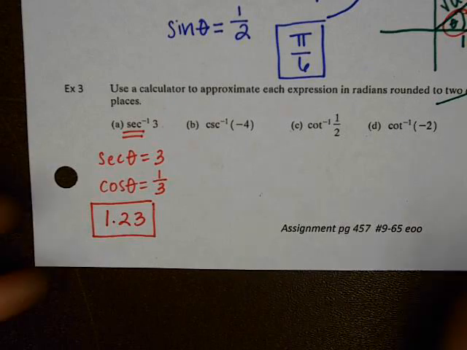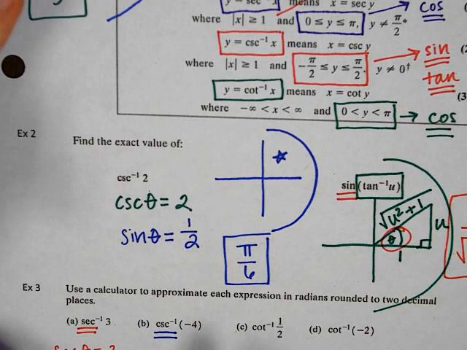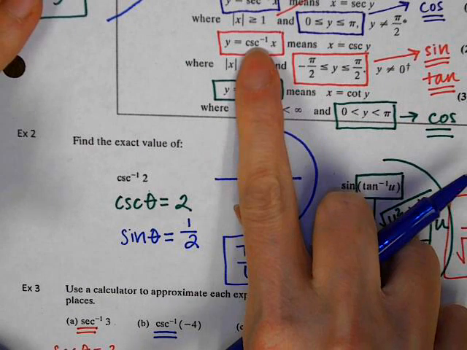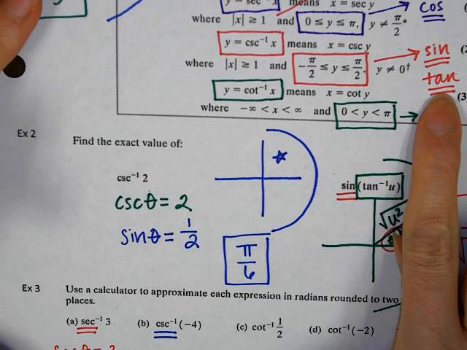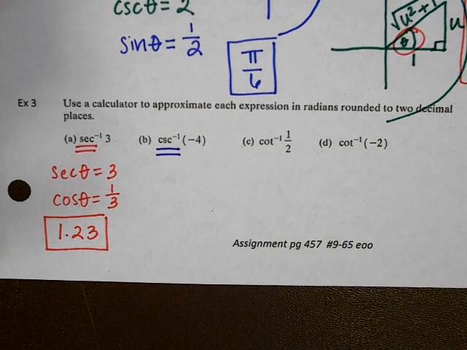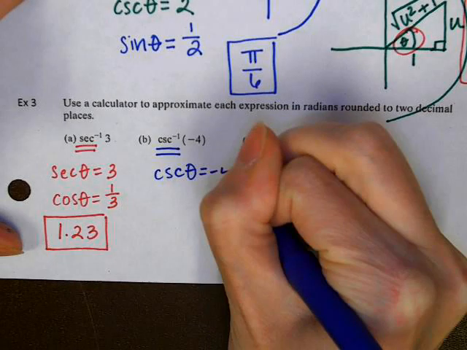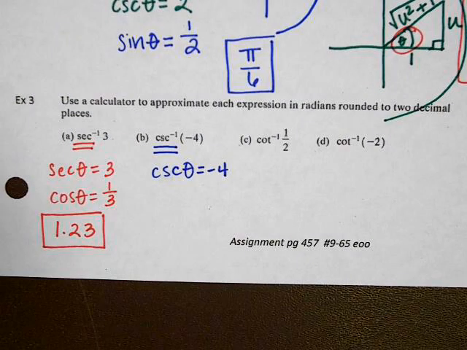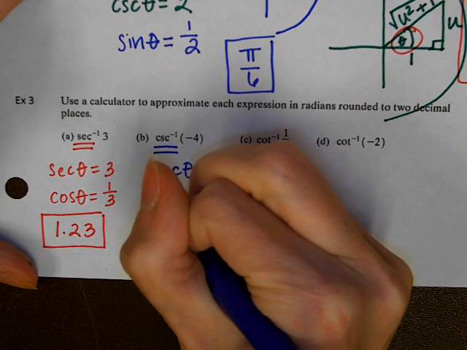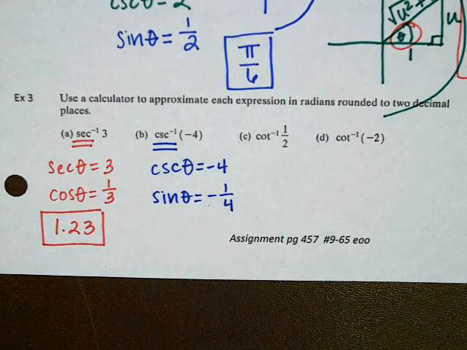All right, letter B. Inverse cosecant has the same range as sine or tangent, so we can pick. I'm going to use sine because that goes with cosecant. So this is saying cosecant of what angle is -4? Well, converting it into sine would be sine of what angle equals -1/4.